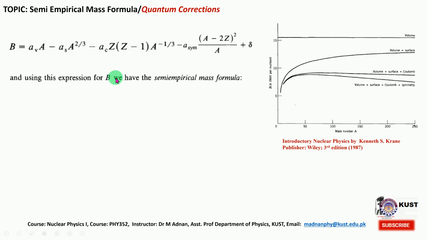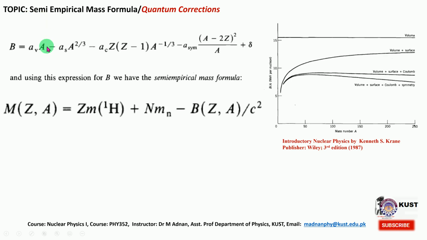So this binding energy formula is based on empirical formalism, and partially it is inspired by the liquid drop model. Since this is a semi-empirical mass formula, this form is usually known as the semi-empirical binding energy formula.